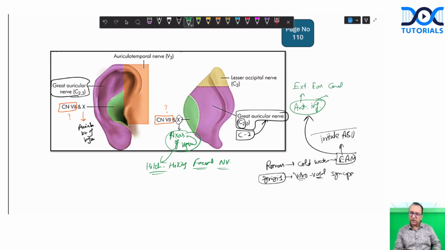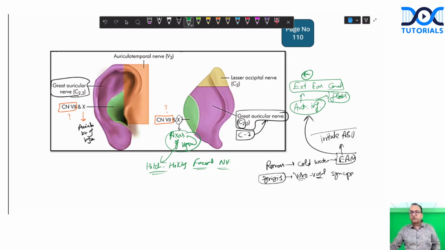And inferior means it is the floor, so it can be irritated there. So remember, the anterior and inferior aspect of the ear canal is where the vagus nerve supplies. Anterior wall and the floor. That you remember. Not only the auricle, it is supplying deeper also.